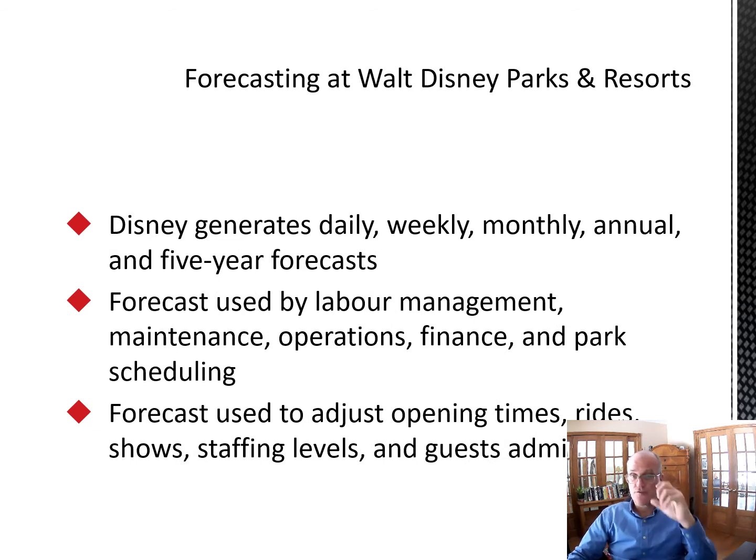Disney does short-term forecasts, medium-term forecasts, and longer-term forecasts. And you use those forecasts for different reasons. A daily forecast will be for how much staff should we have on, how much inventory should we order for food service, how much of each individual item. So daily forecasts are much more granular.